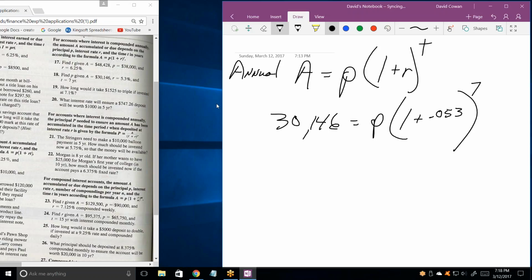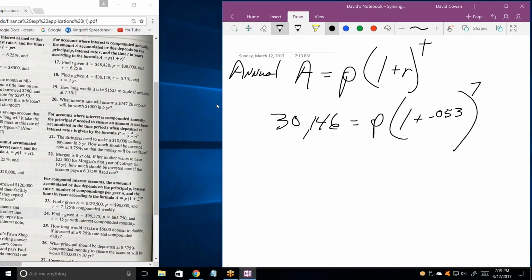Now, t isn't always in years. Sometimes t is not in years, especially with continuous compounding. T can be in minutes or seconds, but it's related to whatever r is. If r is in years, then t is in years. If r is in minutes, maybe we've got the blob and it's growing by 5.3% every minute.